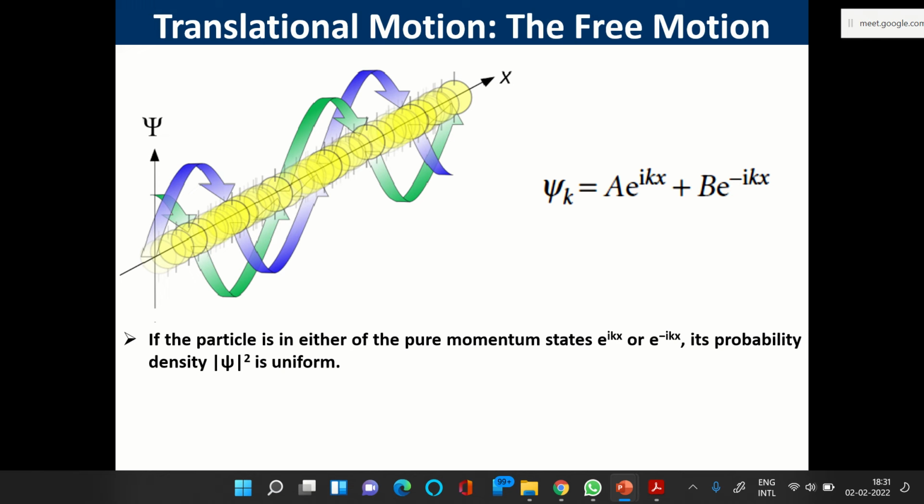So if the particle has e to the power i kx, this one or this one, its probability is given by psi square, and that will be uniform.